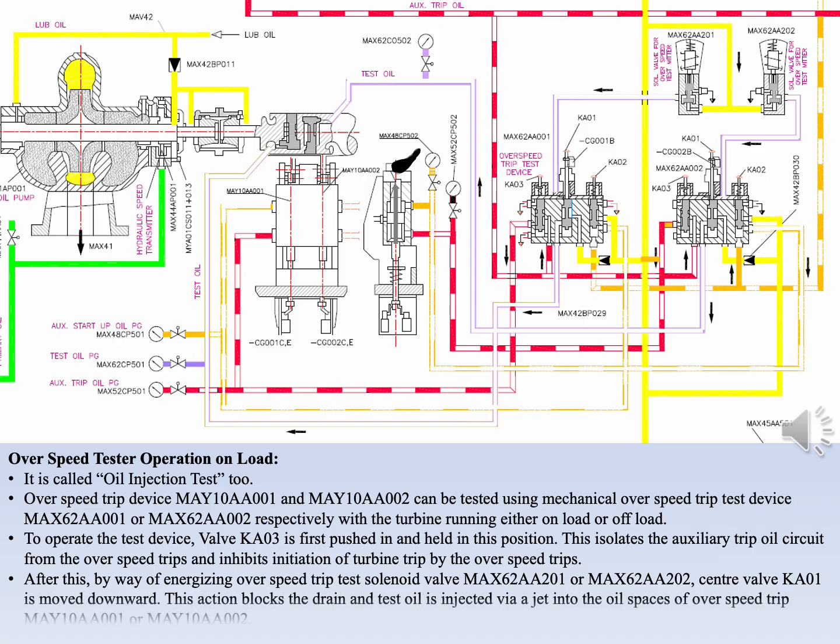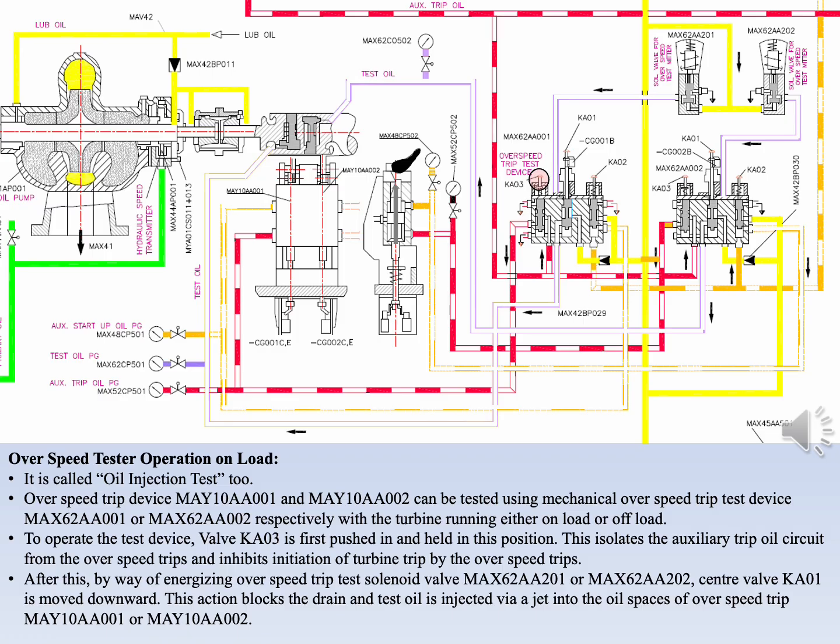To operate the test device, valve KA03 is first pushed in, and held in this position. This isolates the auxiliary trip oil circuit from the overspeed trips, and inhibits initiation of turbine trip by the overspeed trips.